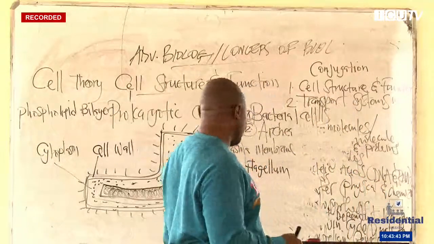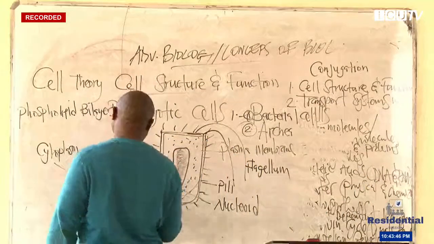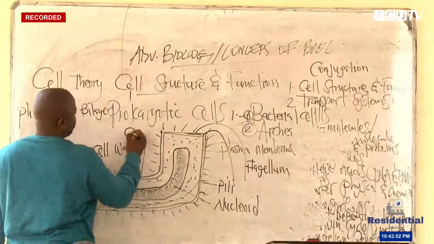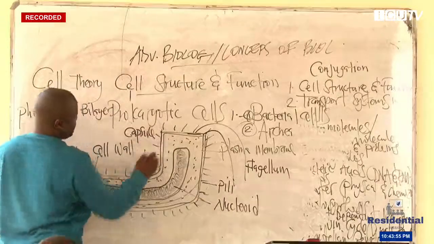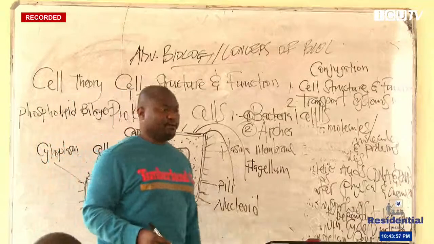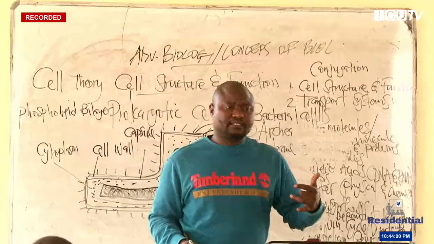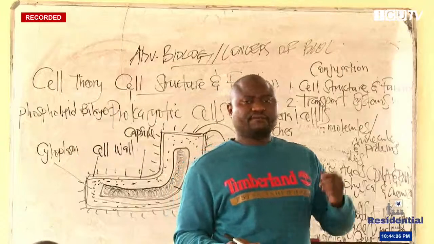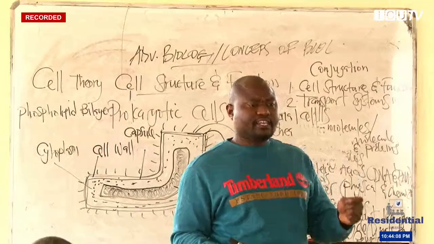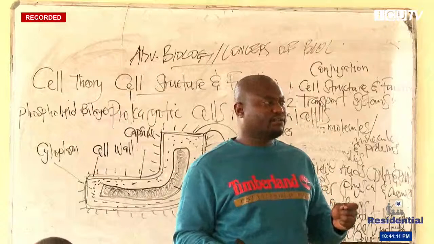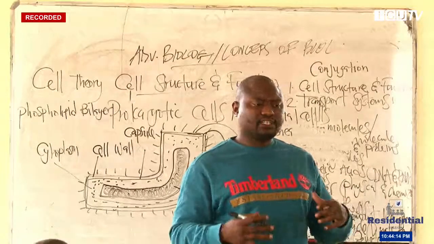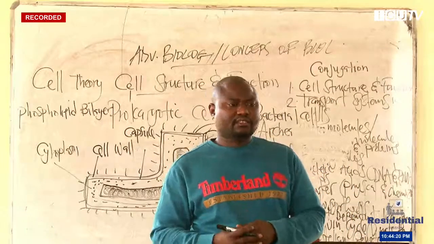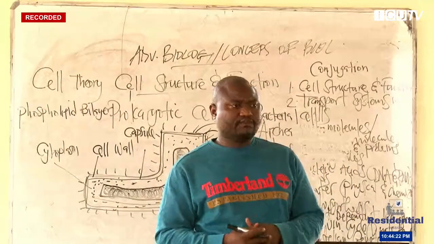Then also we have what we call the capsule. In between the plasma membrane and the cell, there's what we call the capsule. So this capsule is very important because it gives the cell the ability to attach itself to surfaces in the outside environment, in the extracellular fluid.